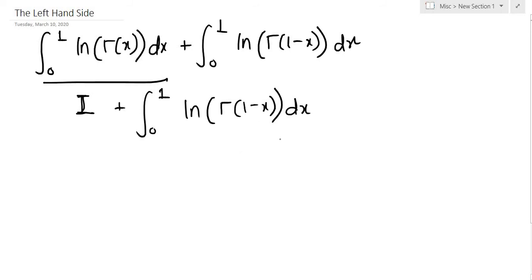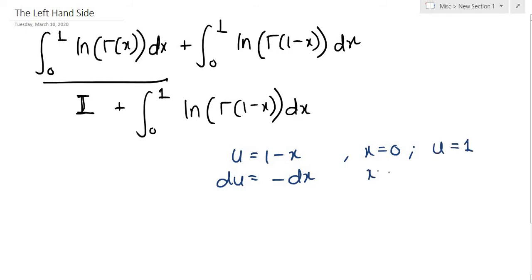Why don't we try to do a u substitution? Say we let u equals 1 minus x such that du is equal to negative dx, and let's fix our upper and lower bounds. When x equals 0, we have u being equal to 1, and when x equals 1, we have u being equal to 0.